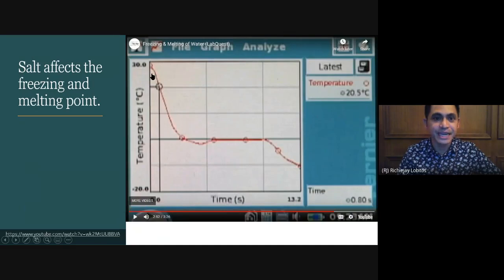There we go. As Shiv said, during the beginning of the test, the temperature immediately dropped. Okay, immediately dropped to 0 degrees Celsius.